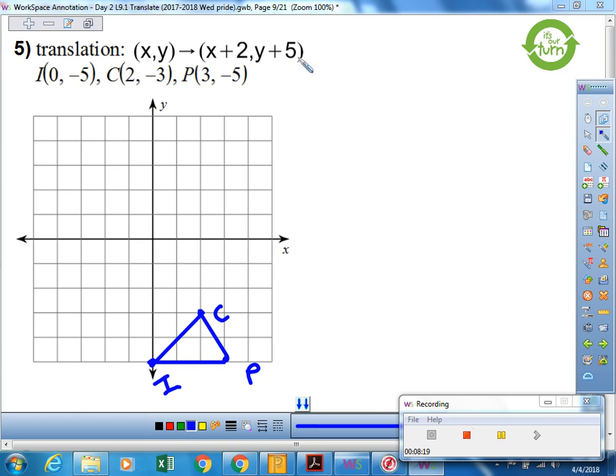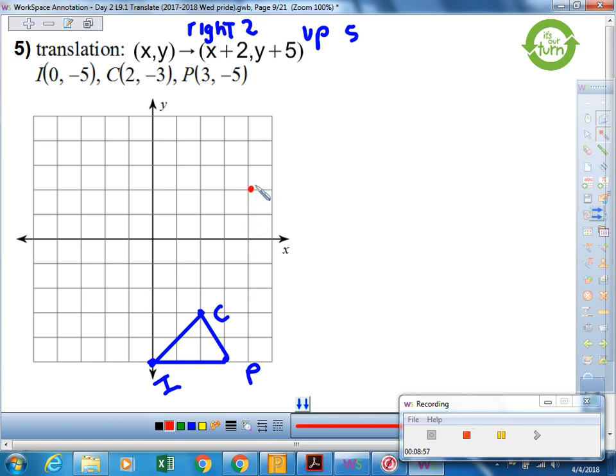Now I'm going to look at the rule and graph my image. So when I add 2 to the x, which direction am I going? I'm going to go right 2 units. When I add 5 to the y, what am I going to do? Up 5 units. Now you take each point and just move right 2, up 5.